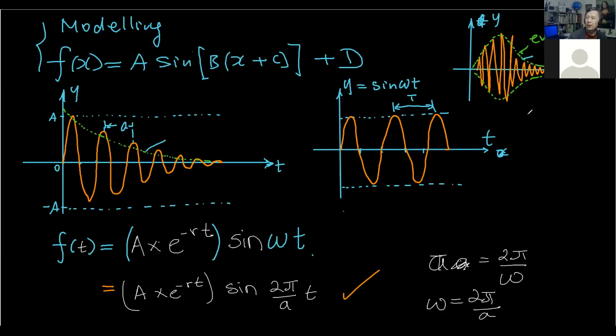How do we write y? Which basic function can you choose for this modeling? It looks like a parabola, but it's not. The green curve is the envelope, called f(t).